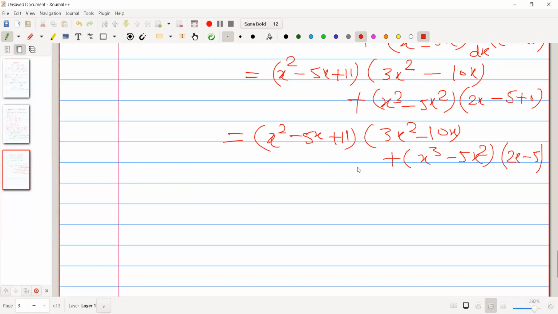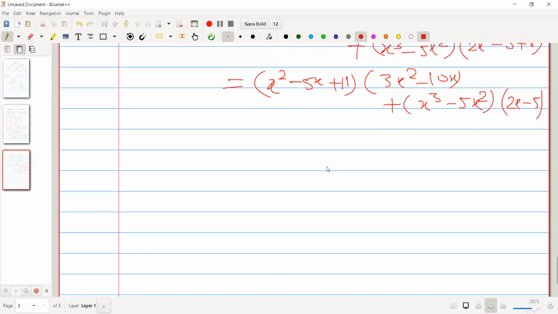If they have opposite signs, we subtract, and we take the sign of the larger number. So let us solve them. Just multiply x cube by x square.